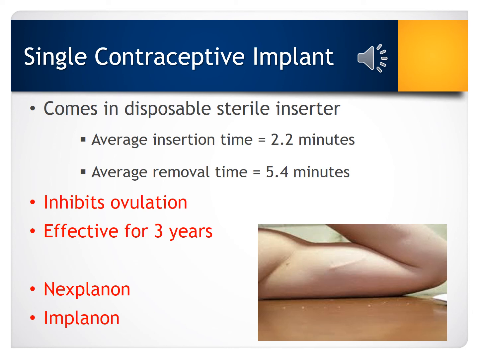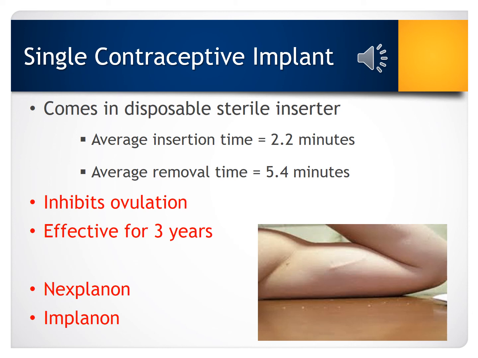Here I've noted some average insertion and removal times. This is another long-acting contraceptive like the IUD because it is effective for years, and it has a slightly better effective rate than the IUD.